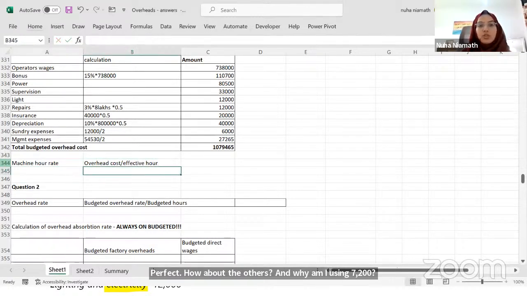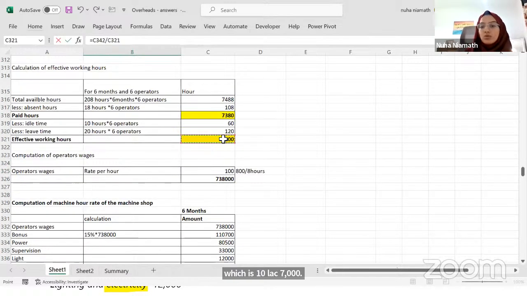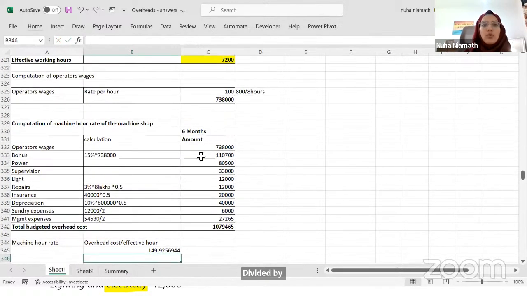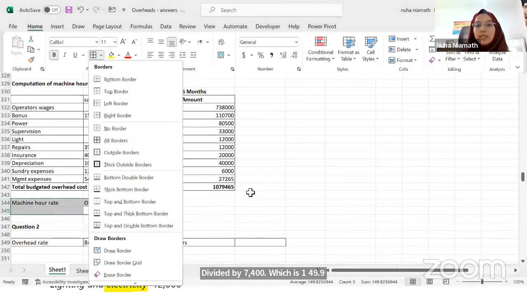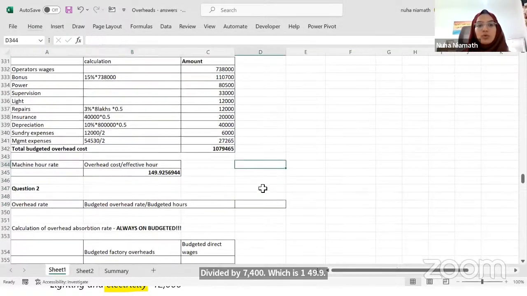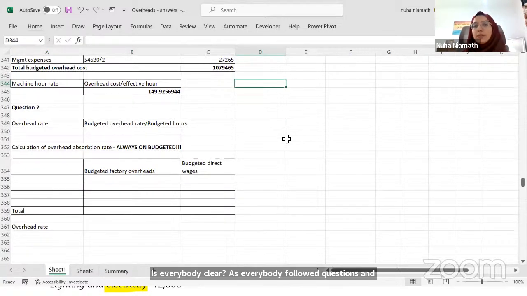Effective hours. So overhead cost by effective hours, which is 10,79,000 divided by 7,200, which is 149.9. Is everybody clear? Has everybody followed the question till here?